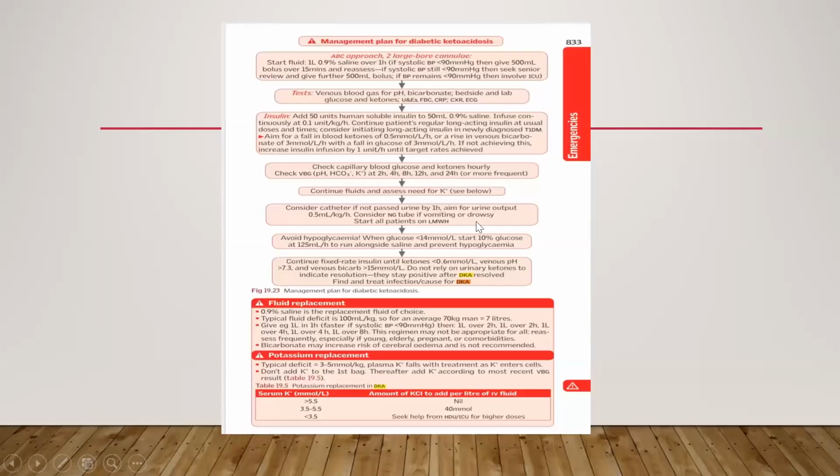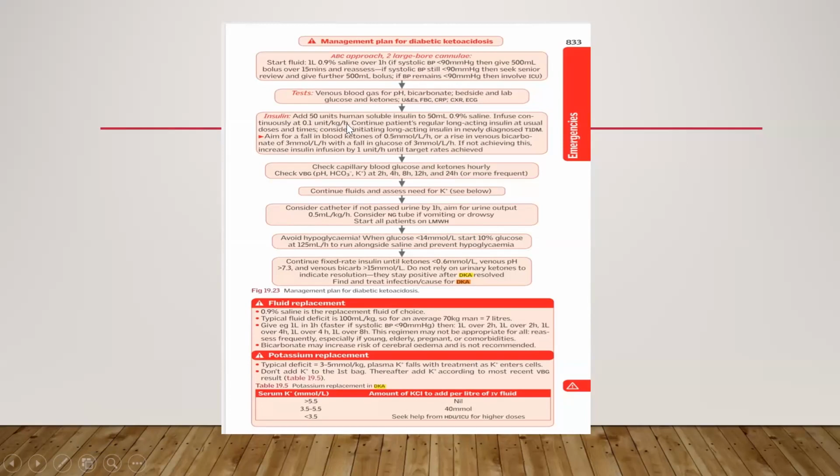So what I was saying, this one is the old guidelines, but some hospitals are still using these guidelines. In terms of the insulin, we use fixed rate insulin, which is 0.1 units per kg per hour.